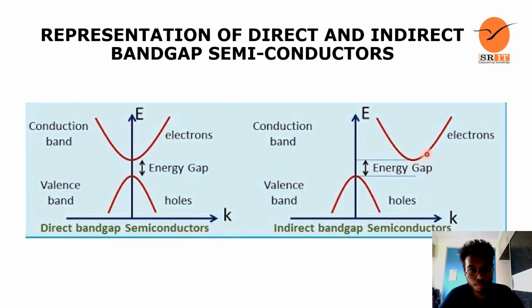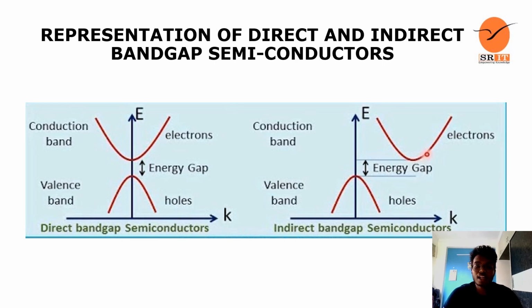So now we'll be looking at the representation of direct and indirect bandgap semiconductors. Here we could see that in the direct bandgap semiconductors, the maximum of the valence band and the minimum of the conduction band are separated by some particular energy gap, and these are in the same direction, without any change in momentum.